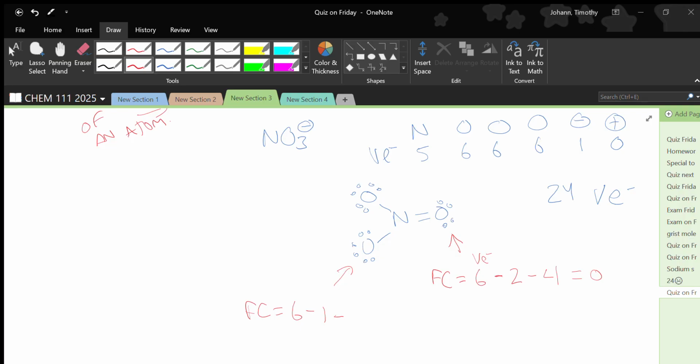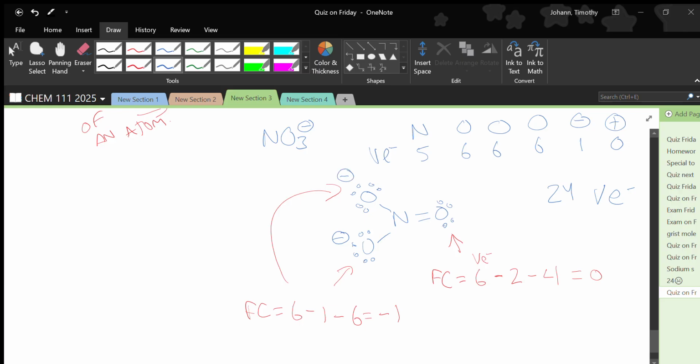So it has a formal charge of -1. If I was drawing this molecule, I would put a negative charge there. Do you see that this oxygen's the same? -1.